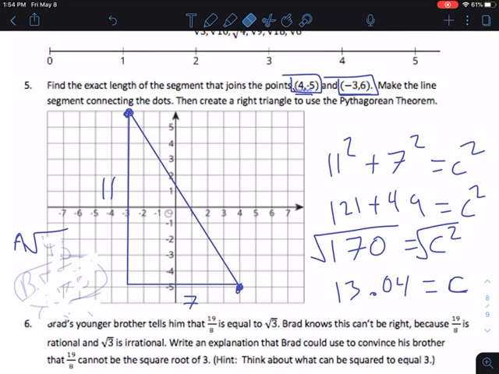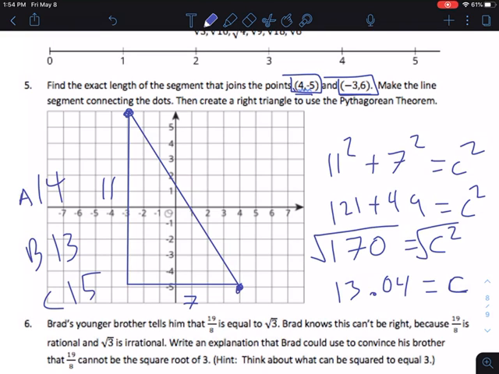But also if they had an answer like, I don't know, 14 is A, 13 is B, and 15 is C. Well, 13.04 rounds down to 13, so you'd pick B there, okay? So that's how you would do that.